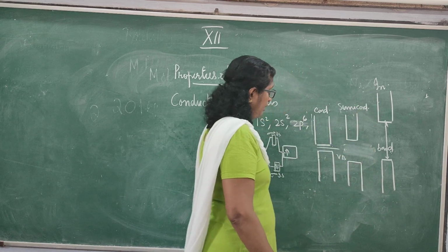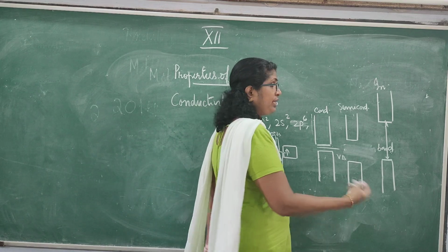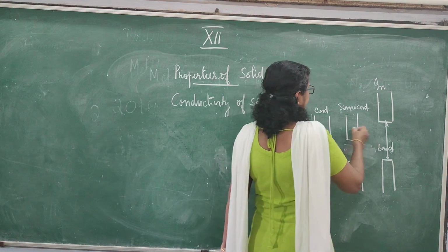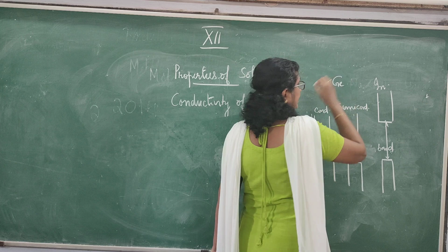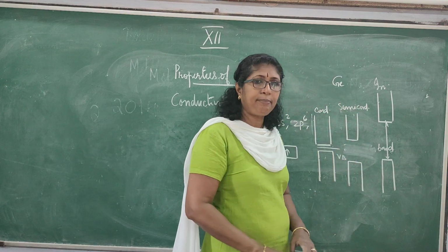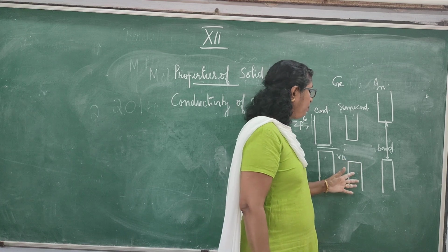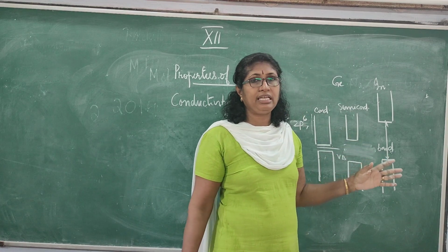In a semiconductor, if we add some impurity, or if you heat it, that means the energy of the electrons will increase, then they can jump to the conduction band, for example germanium, silicon, etc. If you increase the temperature, the electrons can absorb more energy and jump to the conduction band, and their conductivity will increase.